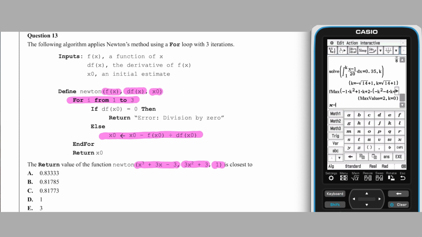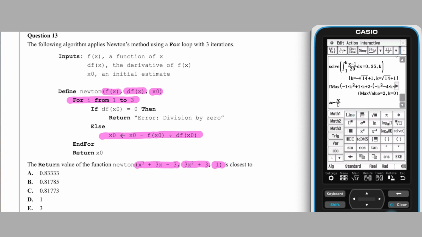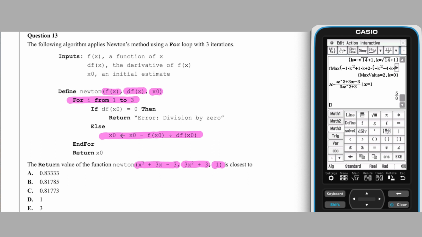Enter x minus f divided by f dashed, given that x equals x0. Use the Math 3 keyboard for the given that symbol. This command returns the value of 5 over 6, which is the estimate generated by Newton's method after one iteration.